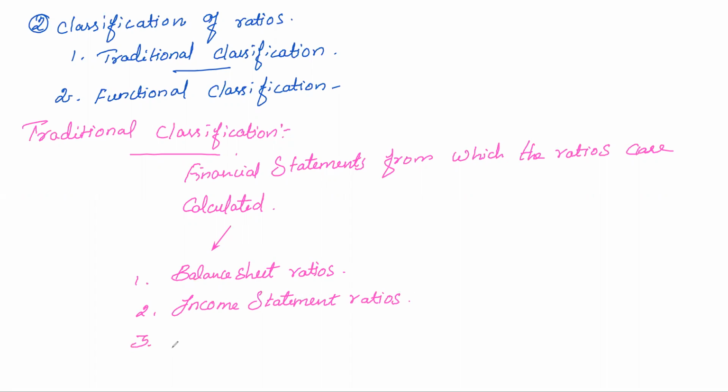Then third one is interstatement ratios. So there are three classifications. First balance sheet ratios, second income statement ratios, third interstatement ratios.